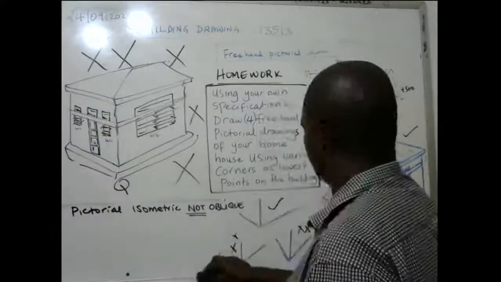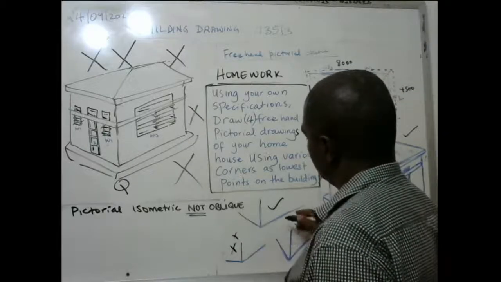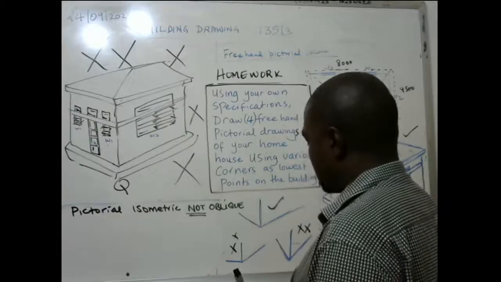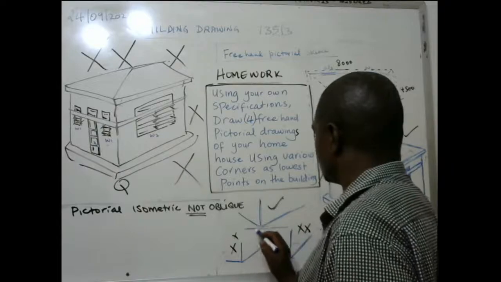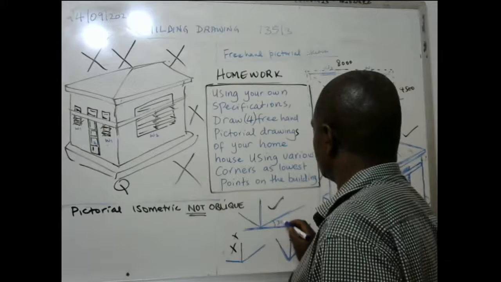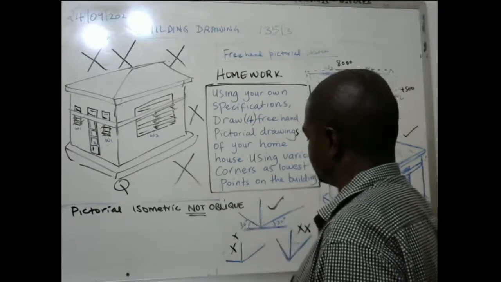So if it is isometric, then this is the one. In isometric, we try to make this one here. If this is the horizontal, this one is 30 degrees. This one is also 30 degrees.